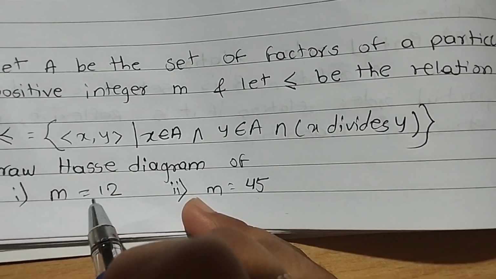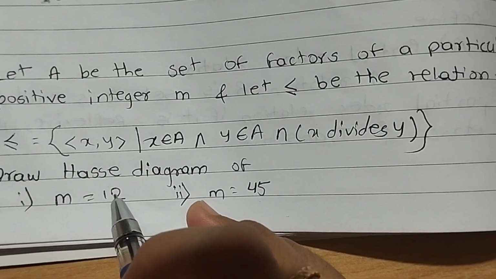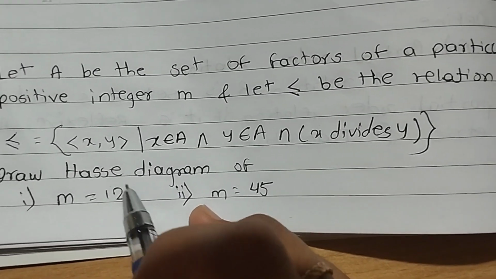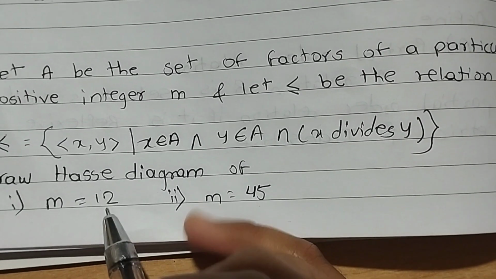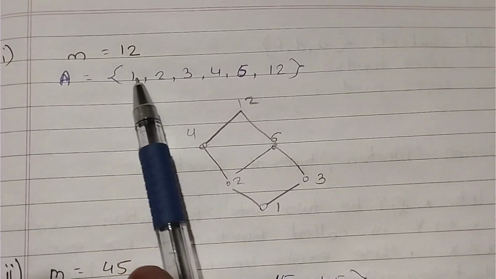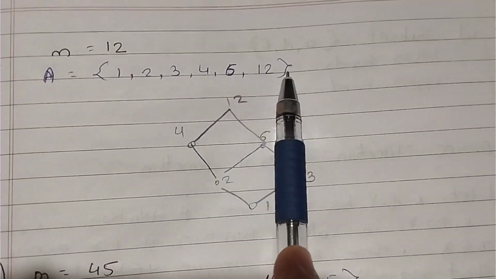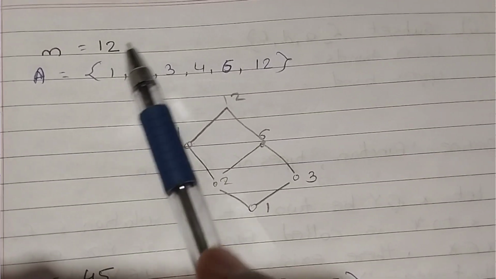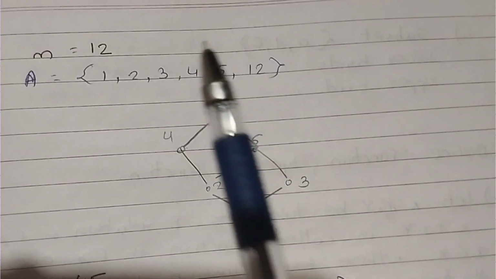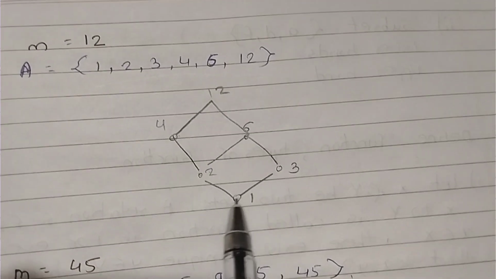Here m is given, and we want to create the set of divisors for both 12 and 45 and draw the Hasse diagram. In this way, we first find all the divisors of 12: 1, 2, 3, 4, 6 and 12. Now we draw the Hasse diagram.